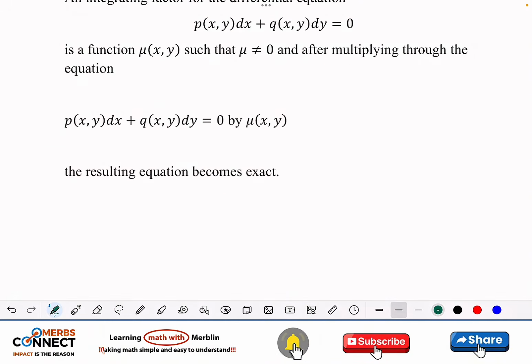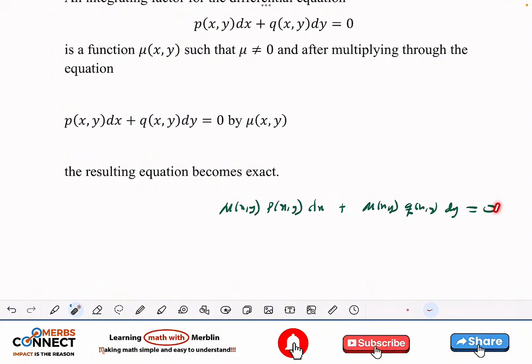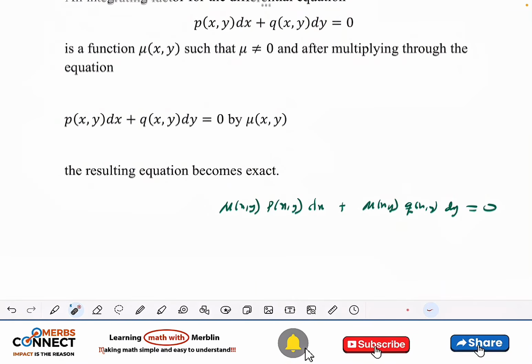So I'm going to have something like this: mu of xy, p of xy dx plus mu of xy, q of xy dy is equal to 0. And as soon as I do this, if this is the integrating factor of this differential equation, then this new equation becomes an exact differential equation, right?